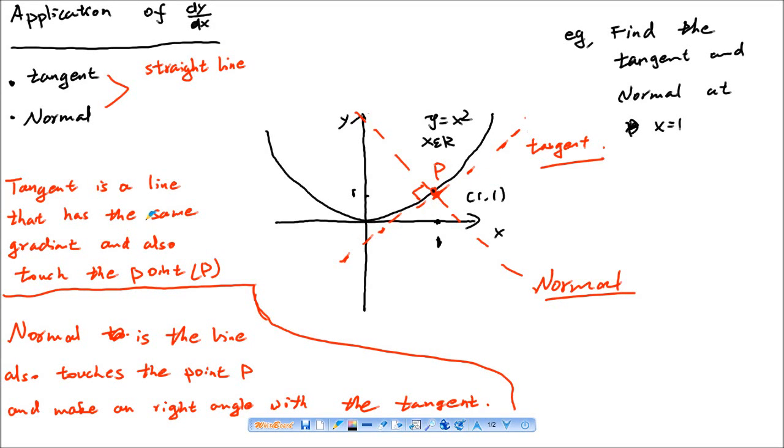We know the tangent has the same gradient as the graph at point (1, 1), so we need to find the gradient of the point P on the graph.